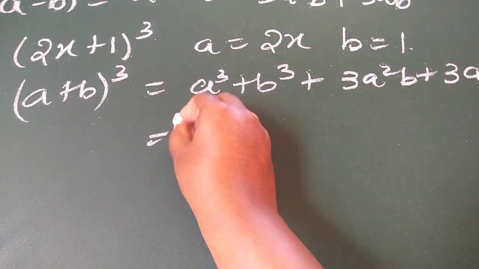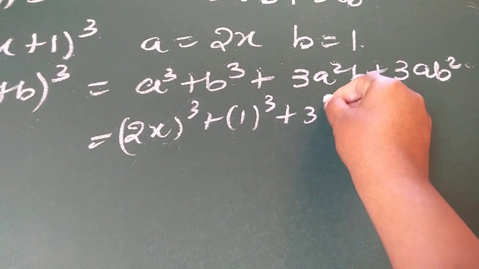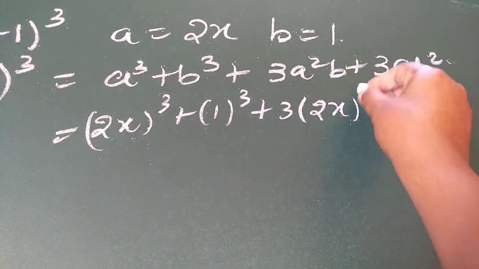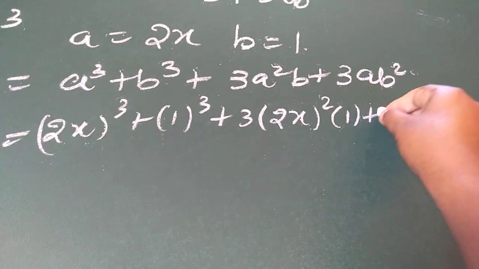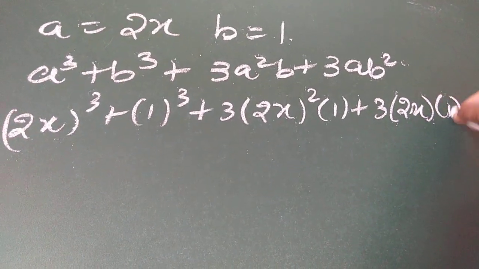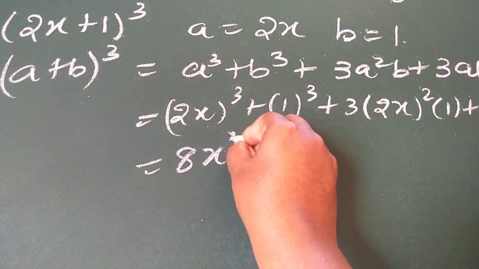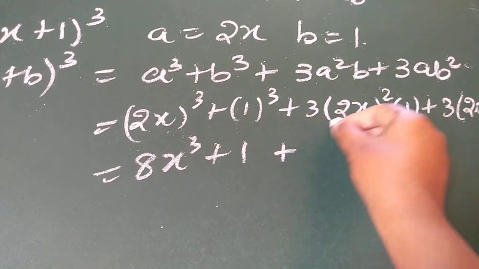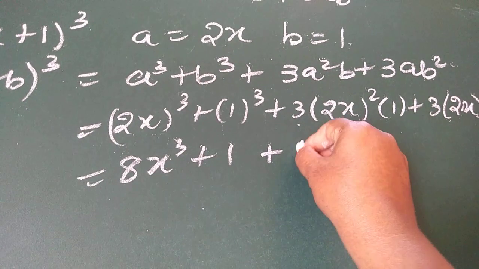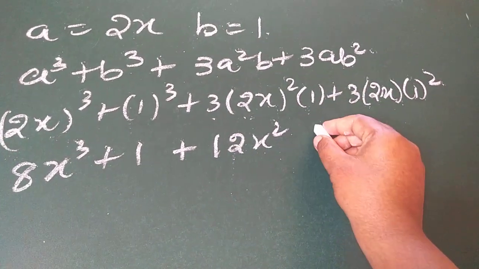2x whole cube plus 1 whole cube plus 3 into 2x whole square into 1 plus 3 into 2x into 1 whole square. So 2 cube is 8, 8x cube plus 1 plus 2 square is 4, 4 3s are 12, 12x square, 1 multiplied with anything is the same number.